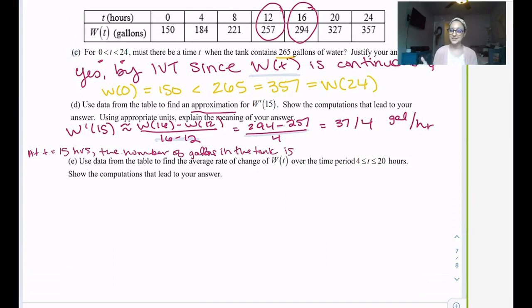Which scenario do you think I would have here? You're going to have increasing because your derivative, your slope was positive, right? If it were negative, go ahead and put decreasing. And then you're going to say at a rate of, and then put the absolute value of your answer. So 37 over 4 gallons per hour.